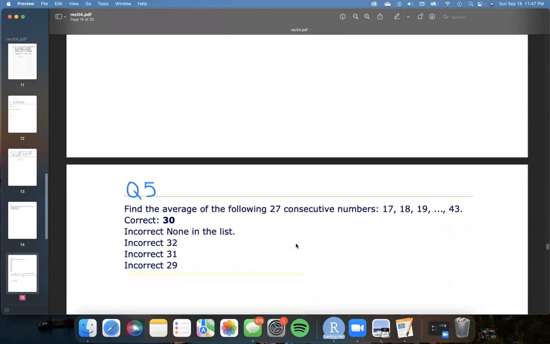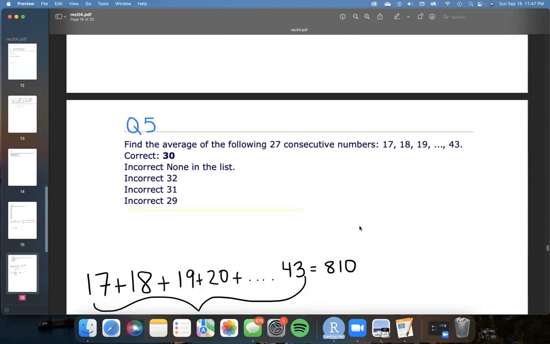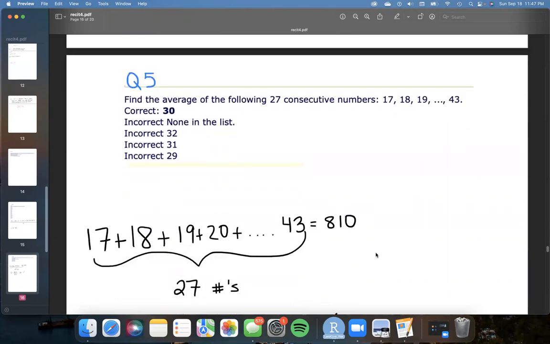Okay, question 5. Find the average of the following 27 consecutive numbers. So we want to do the average of 17, 18, 19, 20, 21, all the way to 43. I did this in R because it was pretty easy to type. When you add all of them together, I got 810.